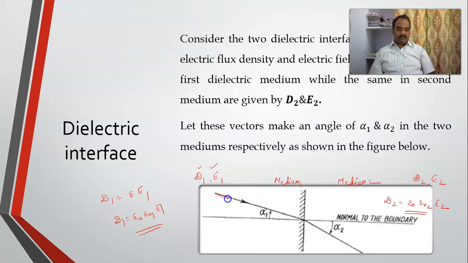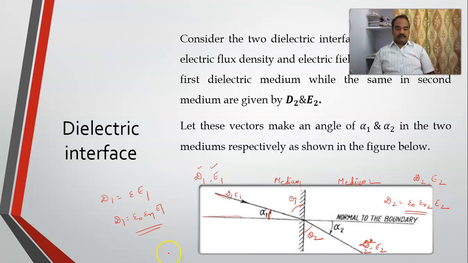Now let us suppose this is the direction of D1 and E1, and this is the normal to the boundary. The angle here is alpha 1, and this is the angle made by D2 and E2. This is D1 and E1. The angles made with the normal to the boundary are alpha 1 and alpha 2, or let it be theta 1 and theta 2.